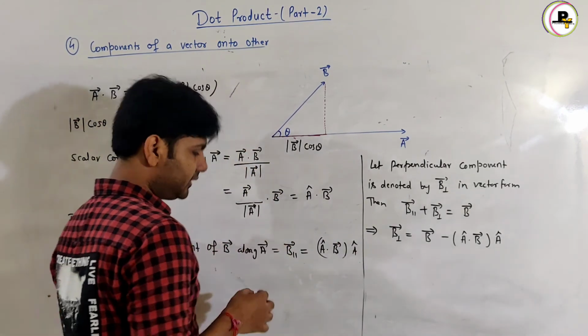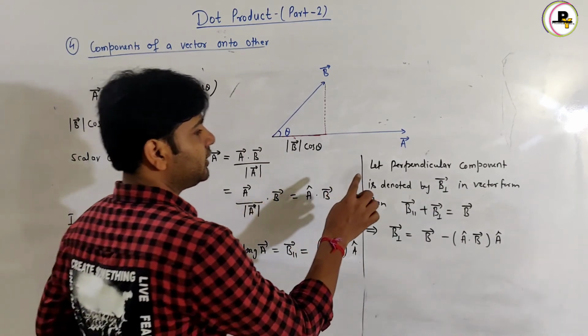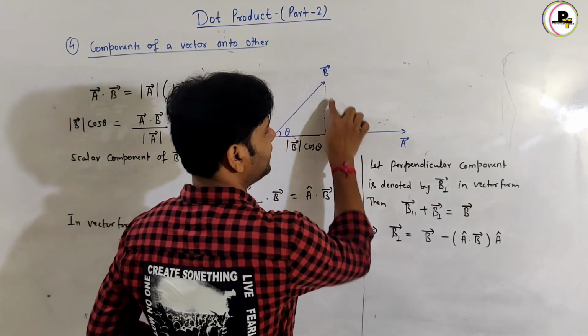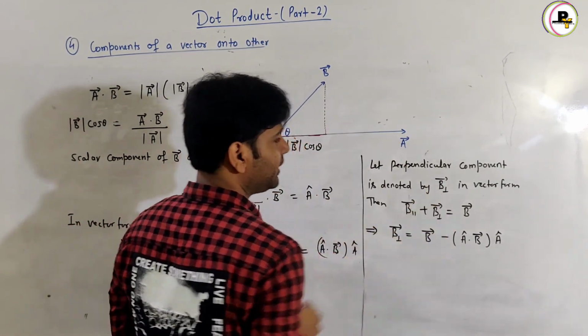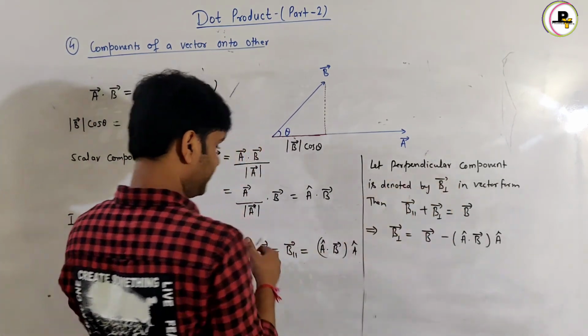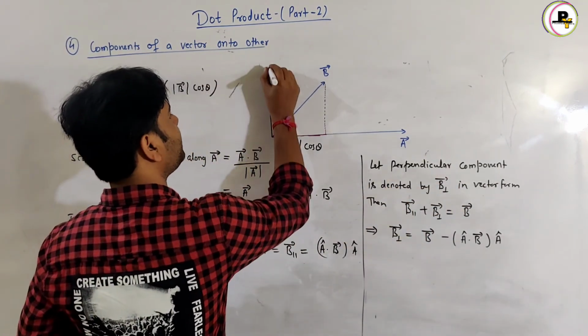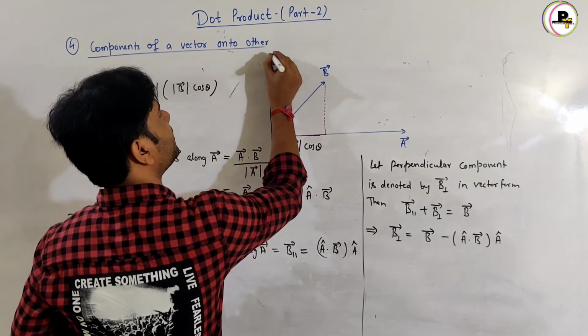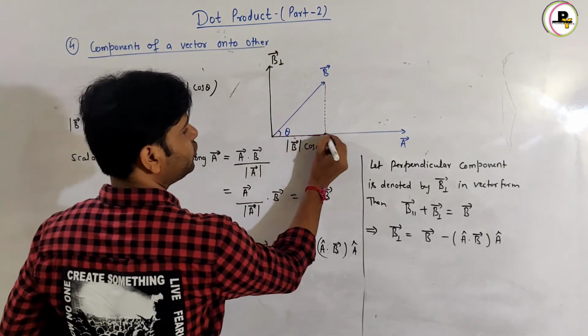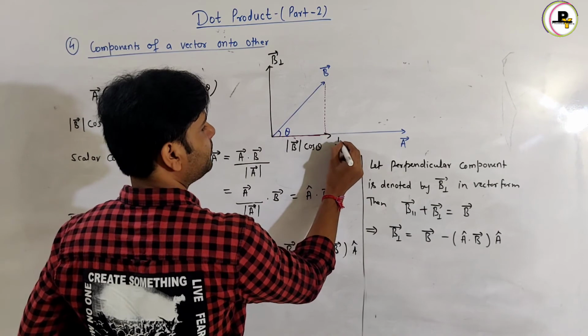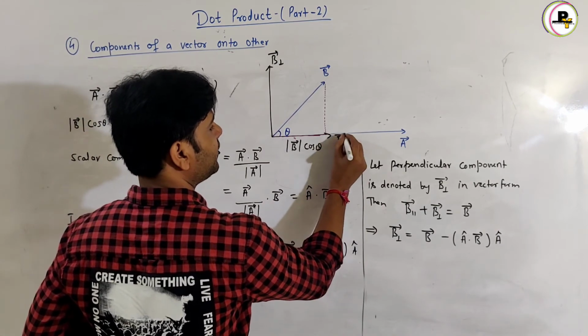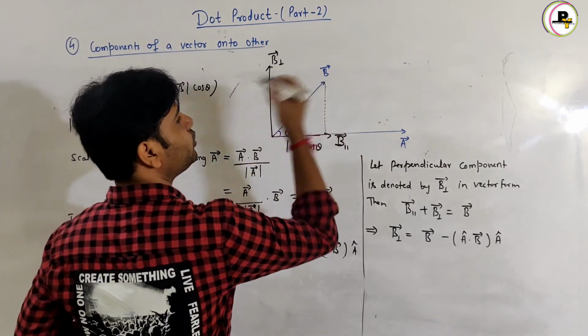Now if I consider the vector component of B vector perpendicular to A vector, it is given by B perpendicular vector. Then the addition of these two vectors, that is B parallel vector and B perpendicular vector, is equal to B vector.